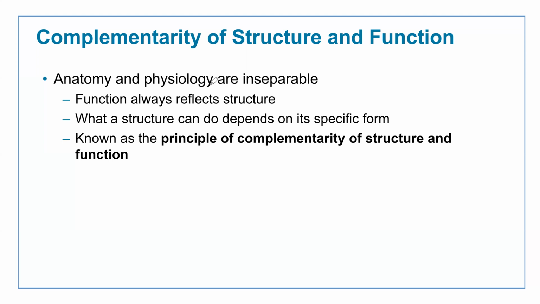For example, look at the heart, which is an organ. It has two atria and two ventricles, and you have space inside the ventricles and inside the atria. Why would you have space inside your heart?